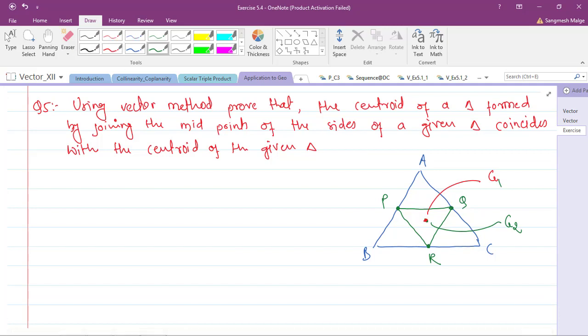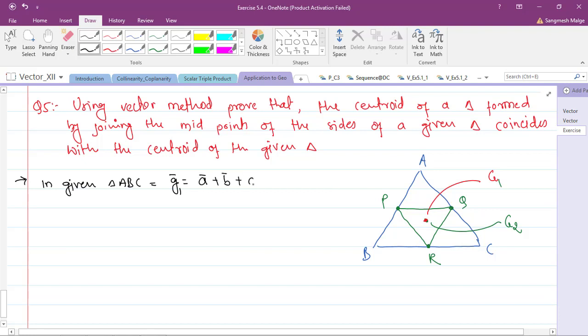Very simple. In a given triangle ABC, G1 bar is equal to what? This is our G1, which is given by A bar plus B bar plus C bar by 3. So this is equation number 1.